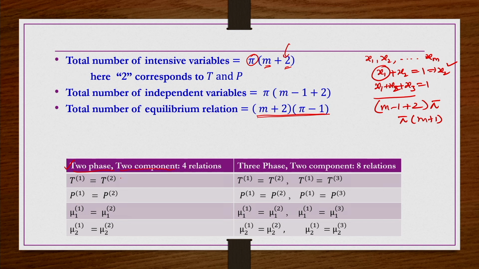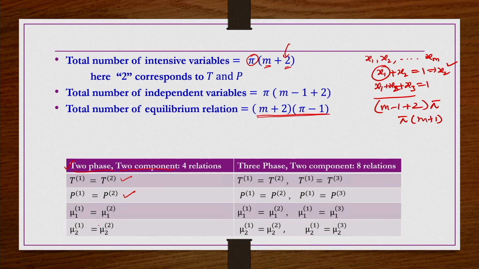That is T in phase 1 should be equal to T in phase 2, that is one relation with respect to the internal equilibrium with respect to heat transfer. Then P in phase 1 should be equal to P in phase 2, that is internal equilibrium with respect to the mechanical potential. And then there are two components.